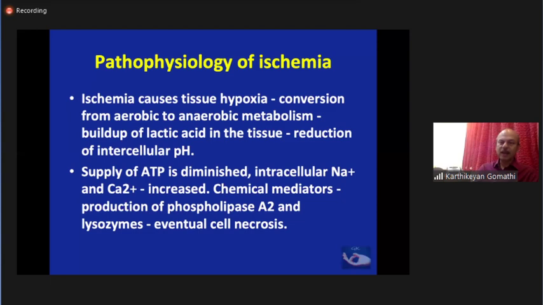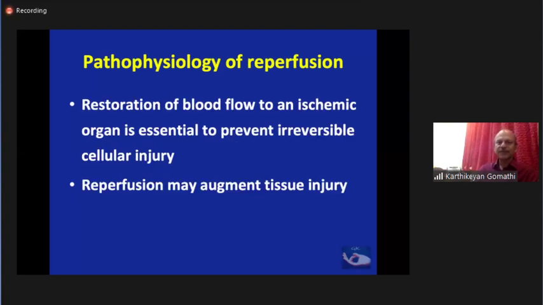Also, the supply of adenosine triphosphate is diminished and intracellular calcium is increased. Now, two important mediators are released, phospholipase A2 and lysozymes. What do these two do? They cause tissue necrosis by the various cascade of events that occur.